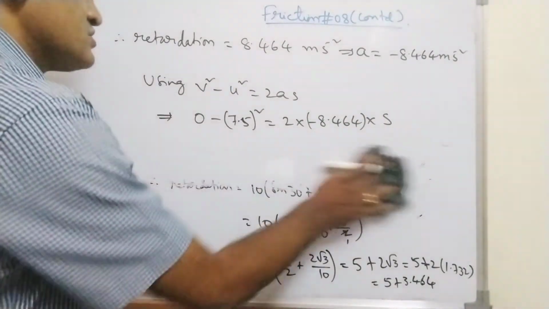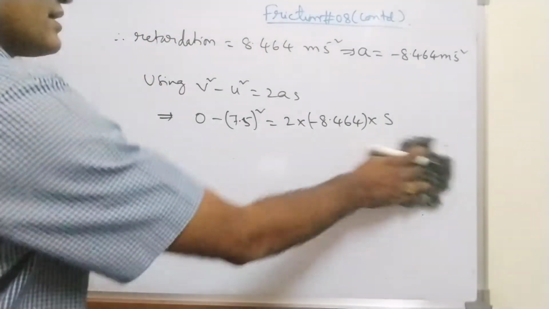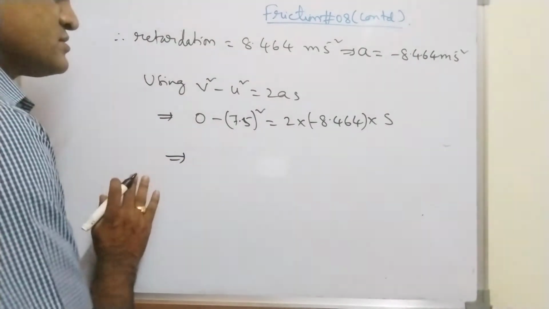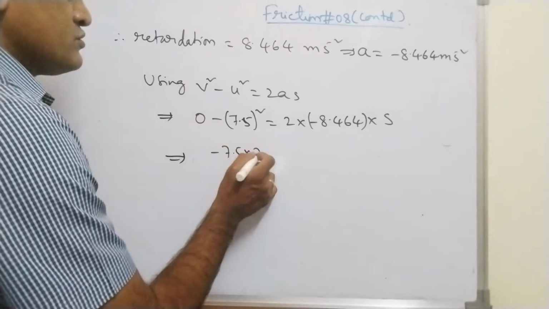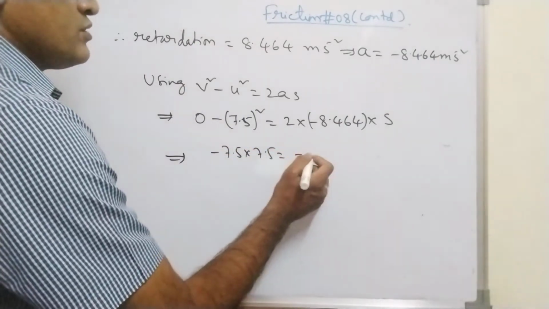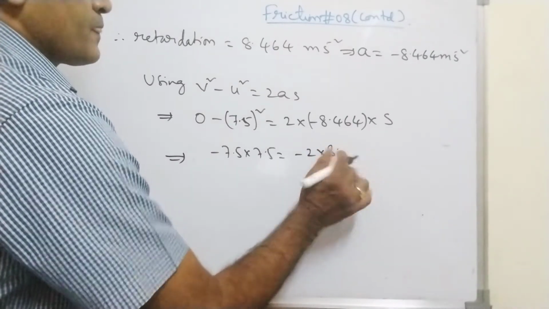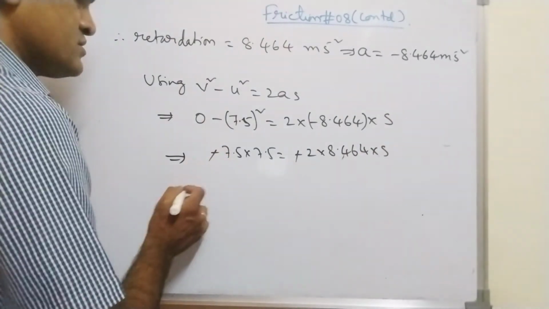What is the distance traveled by the car before coming to rest? So minus 7.5 into 7.5 is equal to minus 2 into 8.464 into s. Minus gets cancelled.